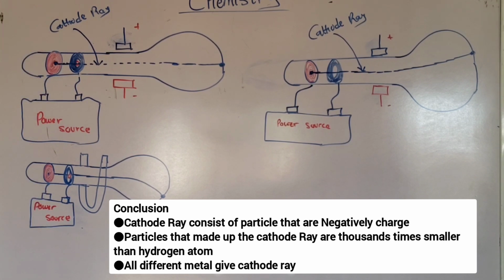He swapped the two metals and used different types of metal, but he finds out that all the different metals he uses give the same cathode ray, and regardless of the metal he uses, the size of the particles in the cathode ray is the same. So he concluded that all different metals give cathode ray.